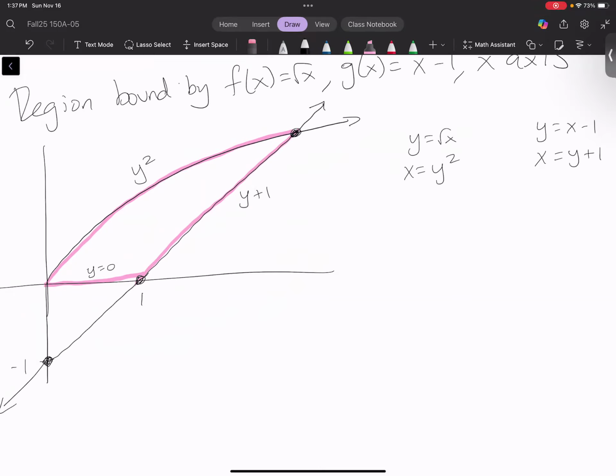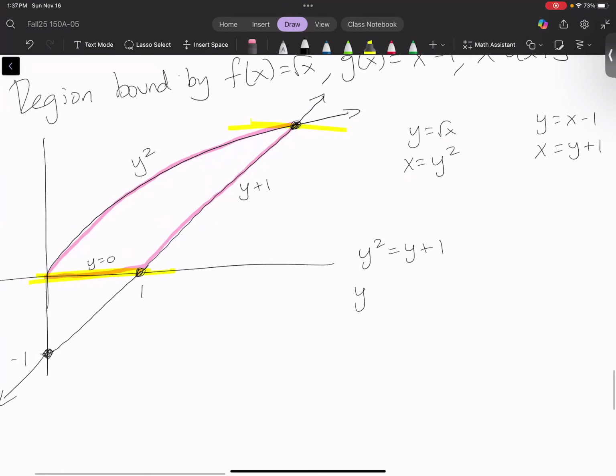Now I need my intersection point, right? I know my lower bound is going to be 0. My upper bound right here, I don't know what y value that is. Well, we can get it very easily by setting the two functions equal. y squared minus y minus 1 equals 0. Now, unfortunately, this is not a nice value. We do have to do the quadratic formula here.